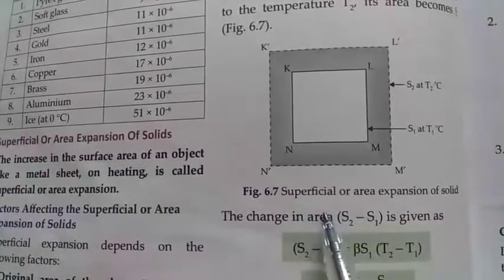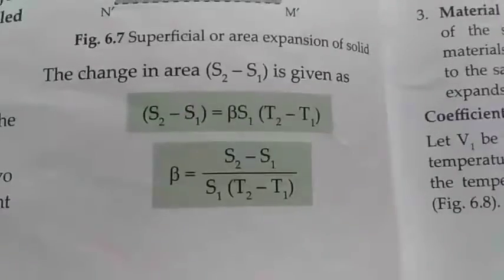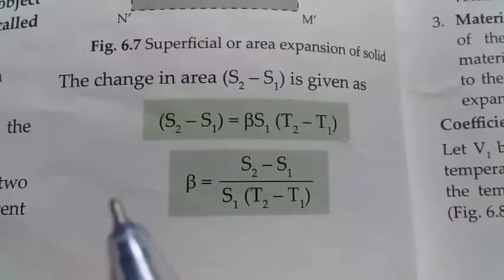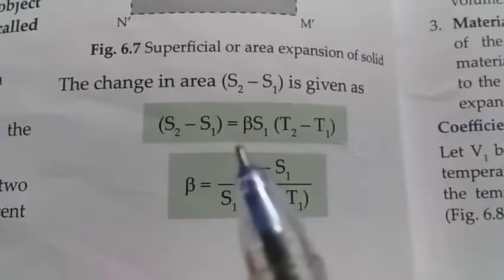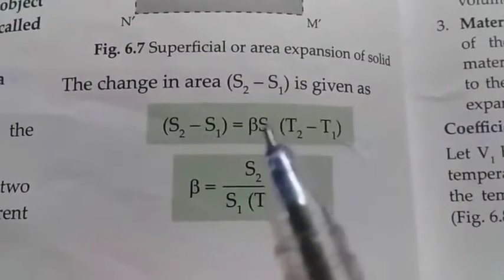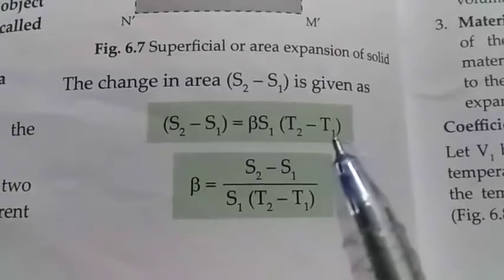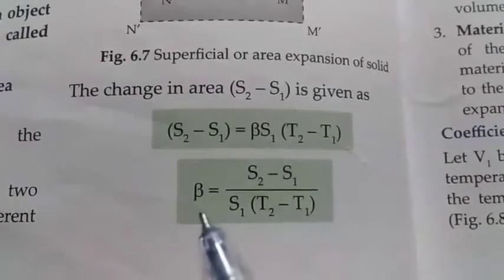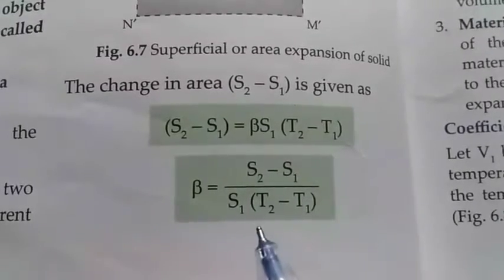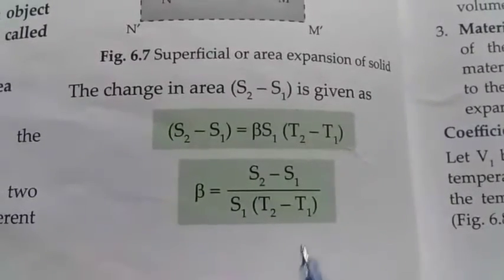Change in area is S2 minus S1. So change in area S2 minus S1 is given as S2 minus S1 equals beta S1, and inside the bracket is T2 minus T1. So beta equals S2 minus S1 upon S1 times T2 minus T1.